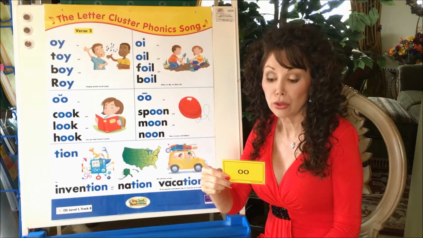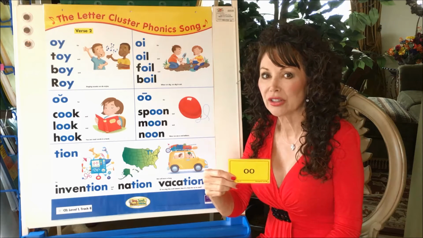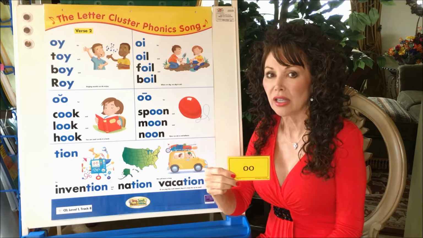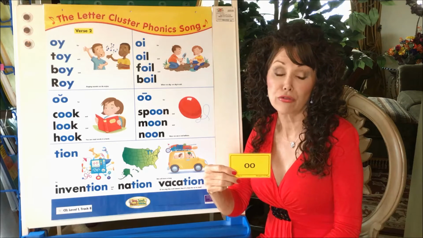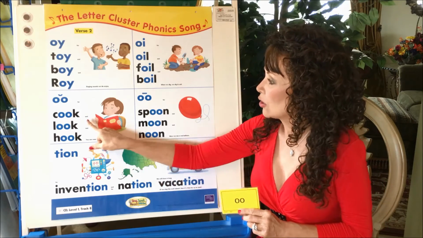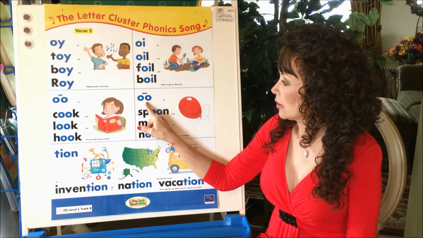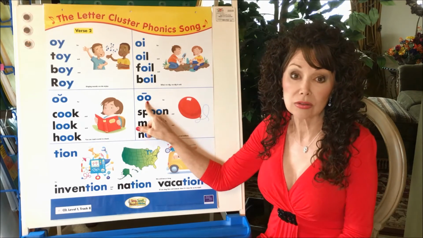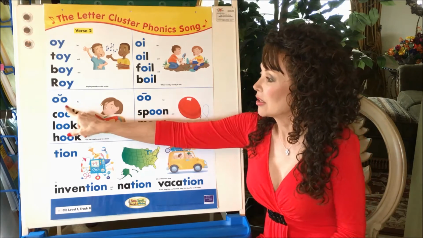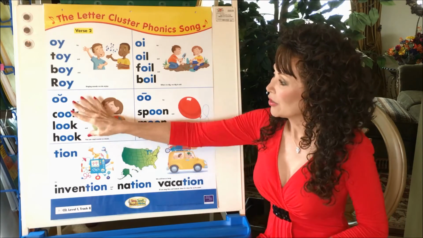Oo, and O. For the advanced students who are learning the last one, O, as in door or floor. But in this song, we're looking at the first two. So we have the long sound, oo, and the second sound of O-O.